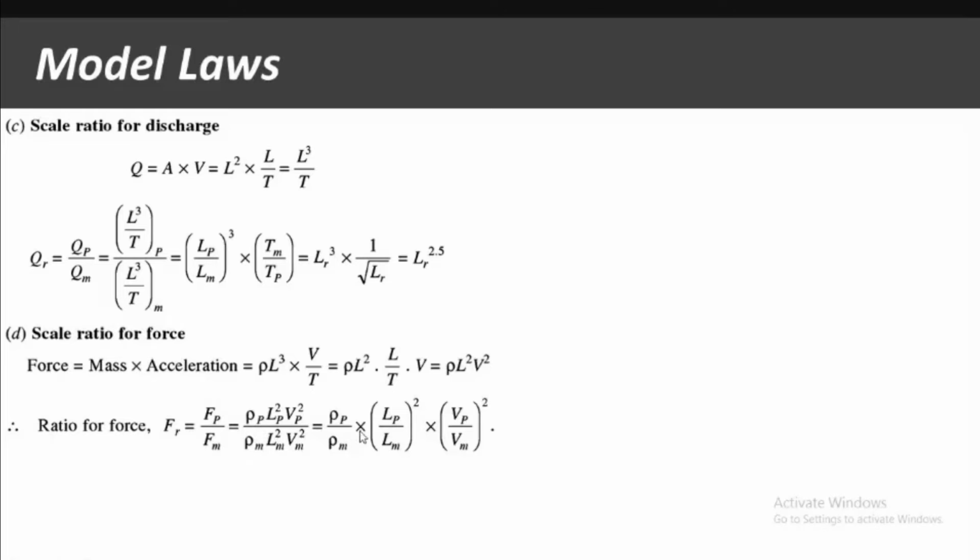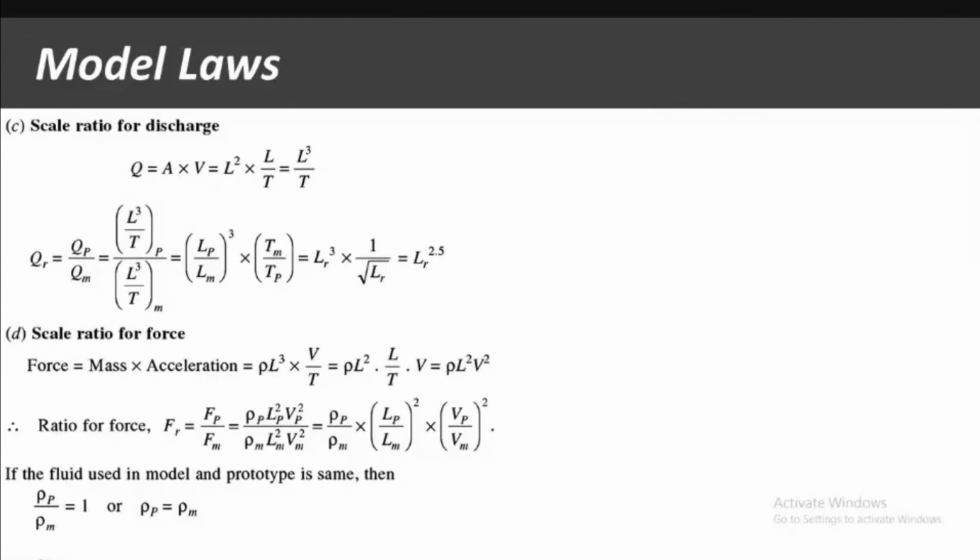Okay. So this is rho P by rho M. So this is nothing but density ratio. LP by LM whole bracket square. This is length ratio, and VP by VM. This is velocity ratio. And we know velocity ratio equals to root of LR. Okay. So density ratio rho P by rho M. Suppose same fluid is used.